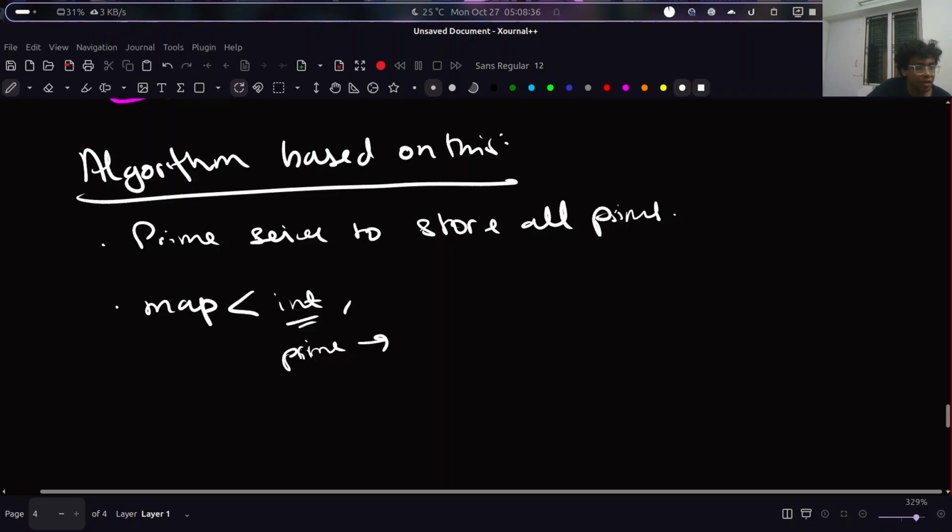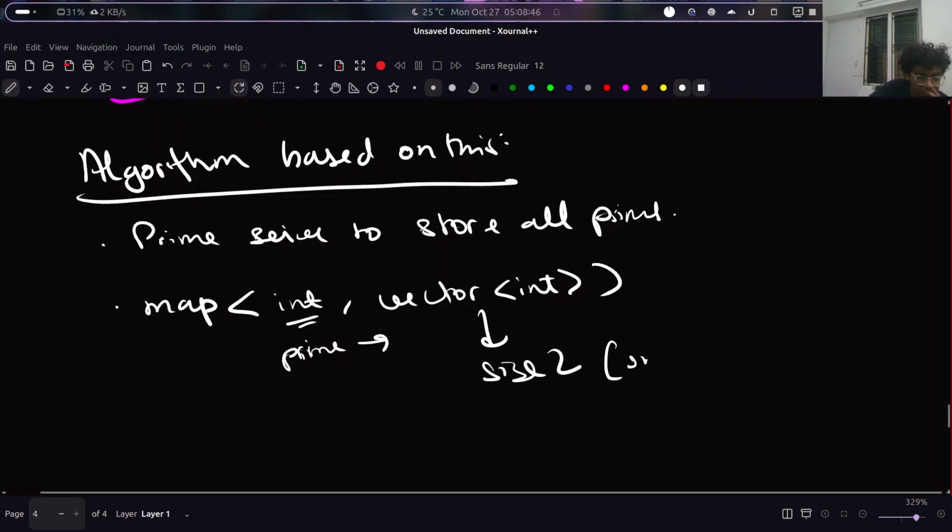Basically the two minimum counts, so a vector of int of size 2, which is going to hold the smallest and the second smallest.